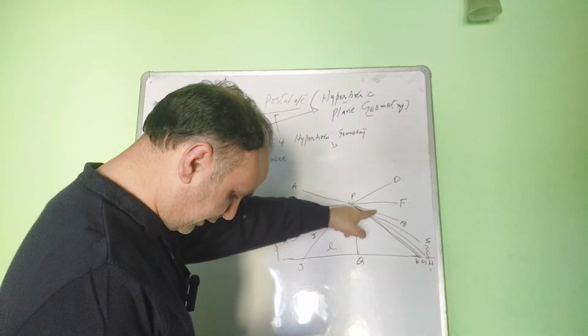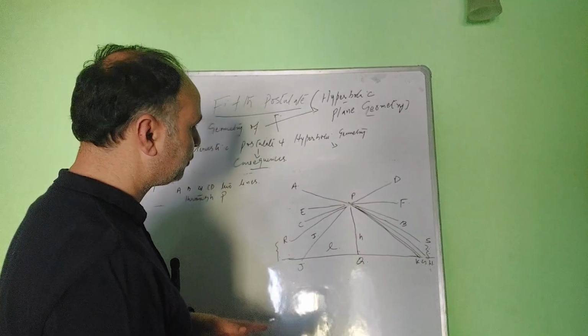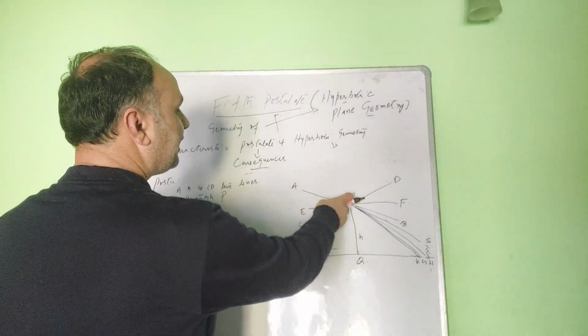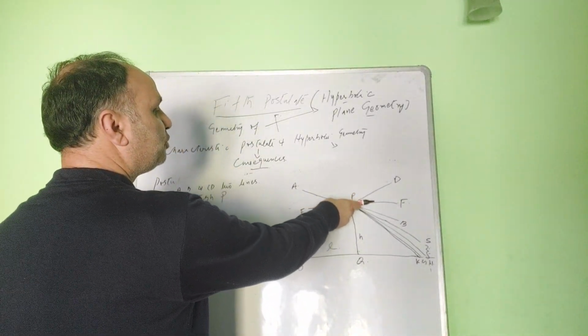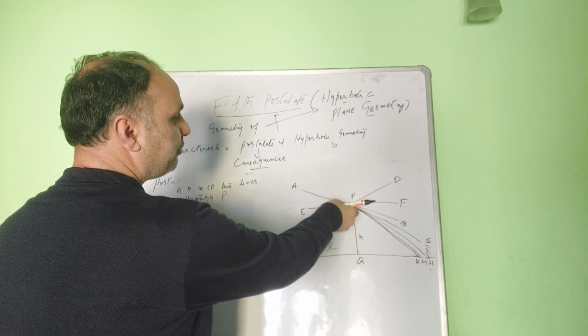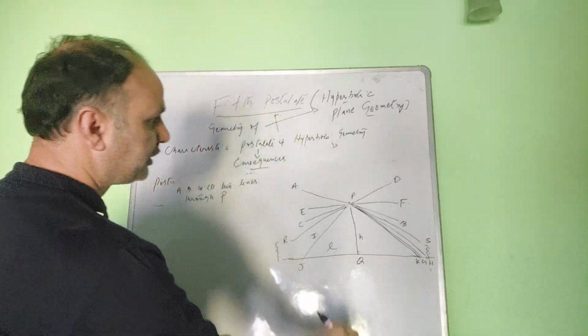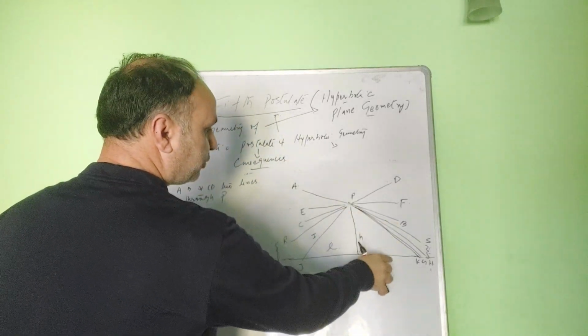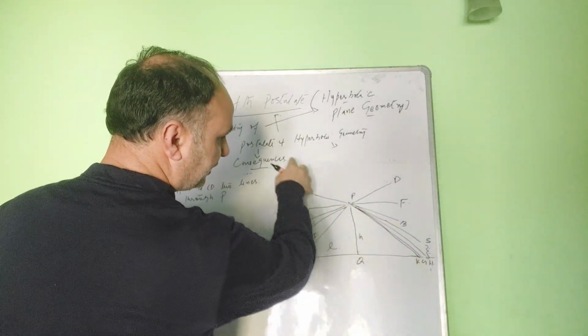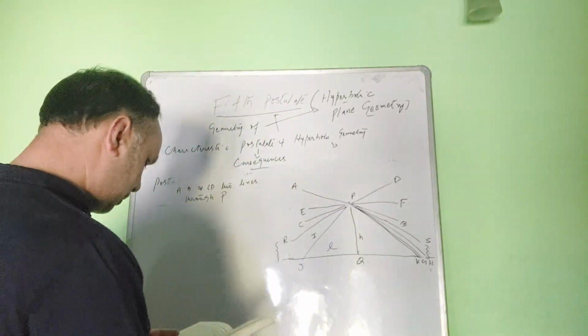So this will also intersect L by the action of Pasch. So if this line is not assumed to be perpendicular and is just going to intersect, the corresponding lines are also going to intersect this line. You can follow it.